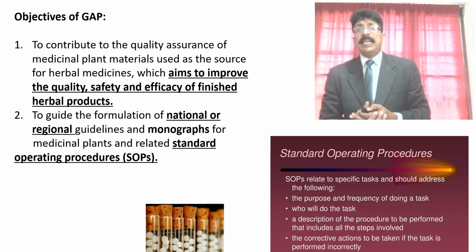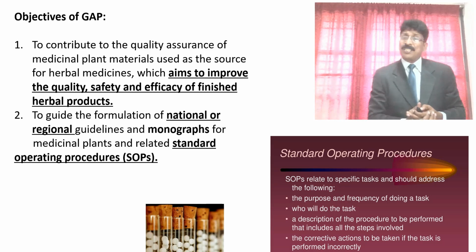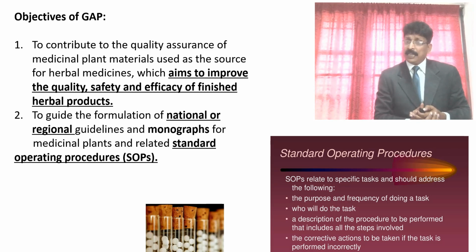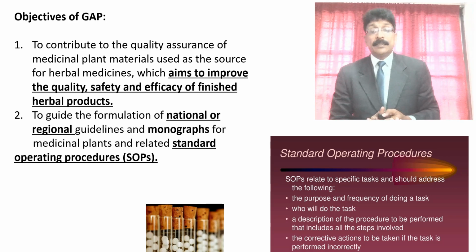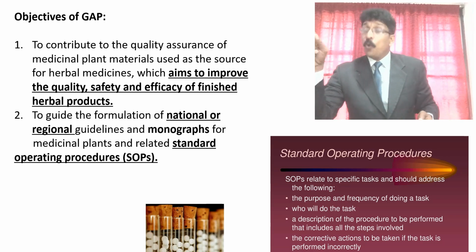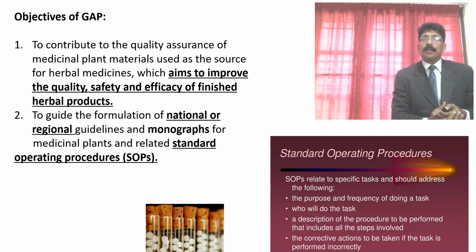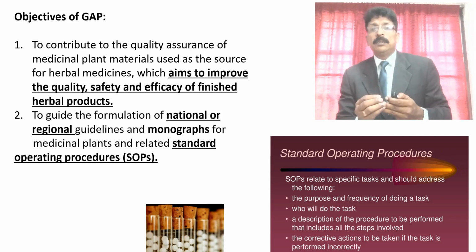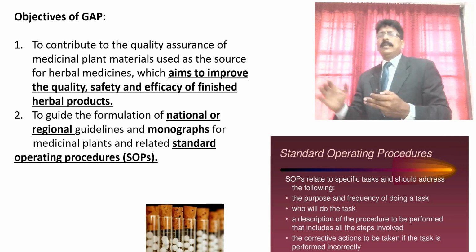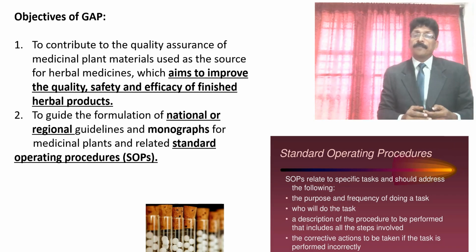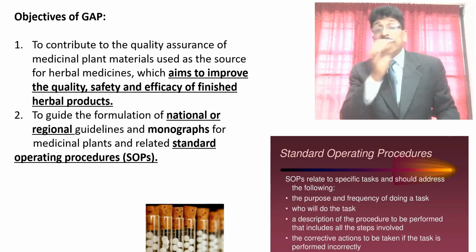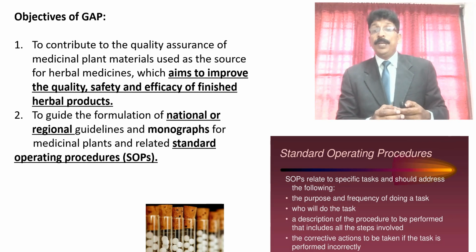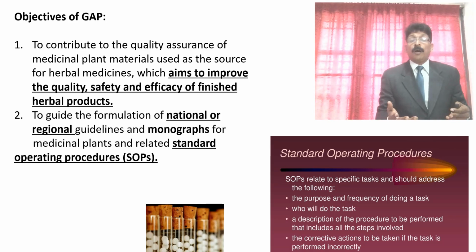A standard operating procedure relates to a specific task and should address the following: the purpose and the frequency of doing a task, who will do this task, a description of the procedure to be performed that includes all the steps involved, and the corrective actions to be taken if the task is performed incorrectly.